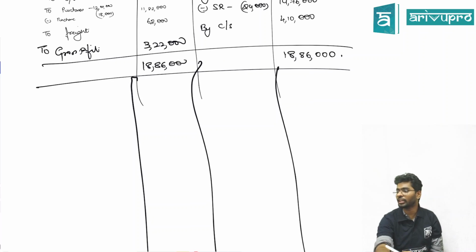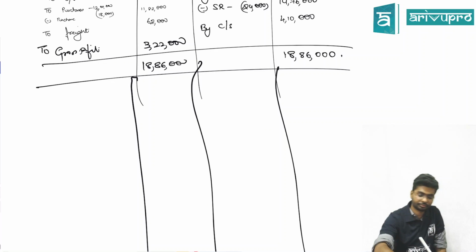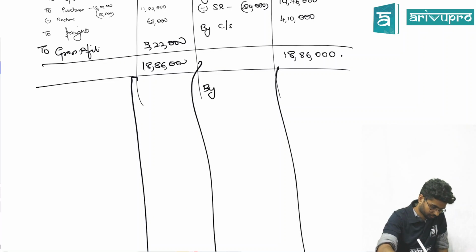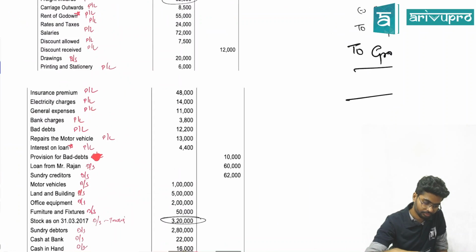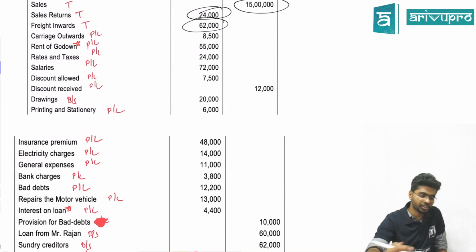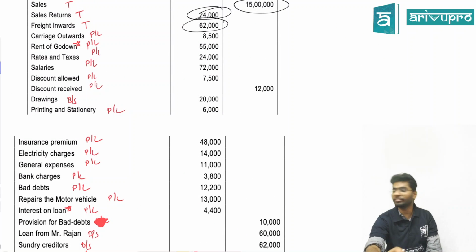How does your profit and loss account work? By gross profit. Now let me see this question, which all is there. Wherever there is a star, we will come back later. We'll keep those things pending.